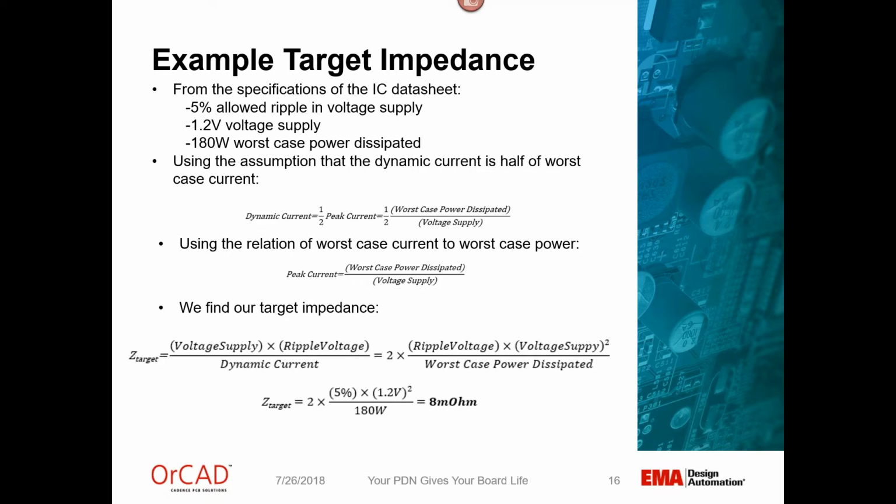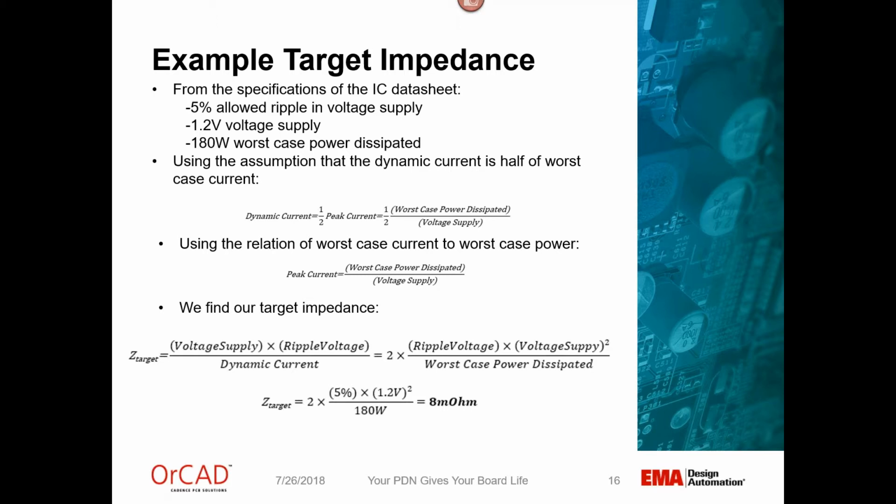This is not exactly what we have in our equation, but we can essentially get what we need by making an assumption. We can say that the dynamic current is typically around half of the peak current that we might see, and the peak current can be calculated backwards from that worst case power. So the peak current we'll now call the worst case current.